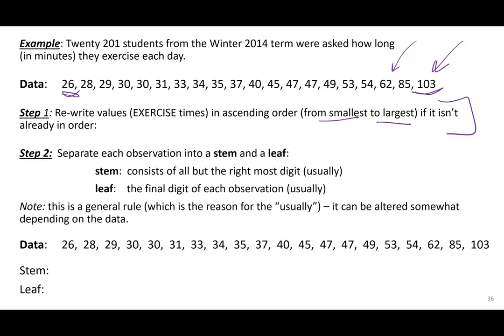So once you do that, you separate each observation into a stem and a leaf. So like here, my stem is 2, my leaf is 6. And I can do this with all of them. 2, 8, 2, 9. And I'm going to do this with all 20 observations. I have a tendency to even write the stems first.